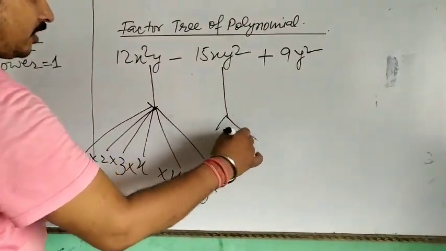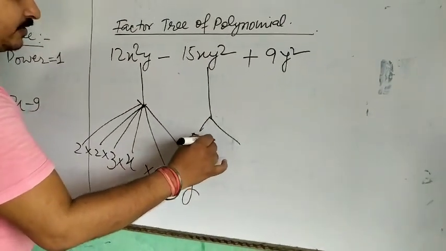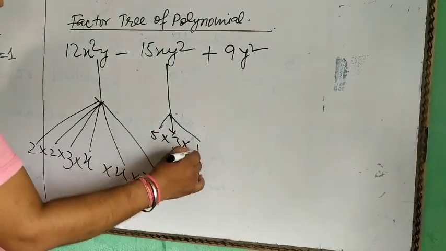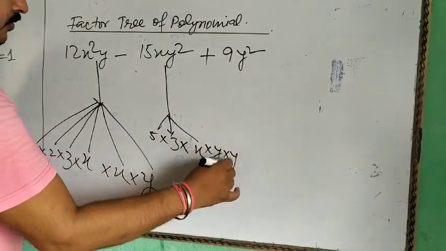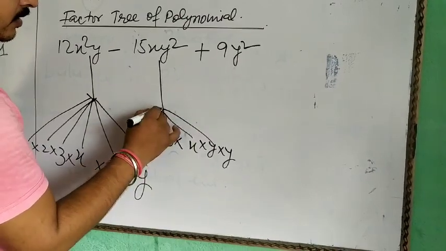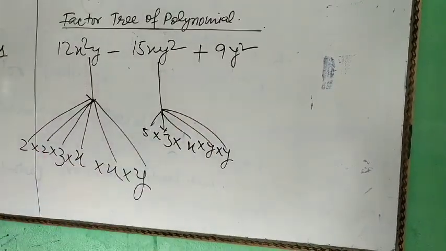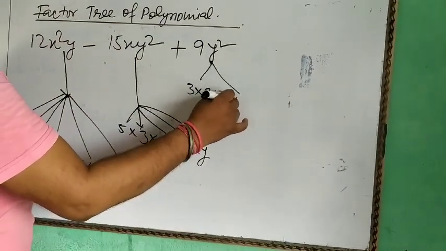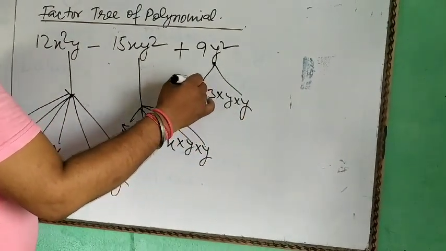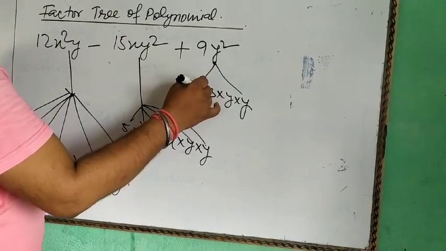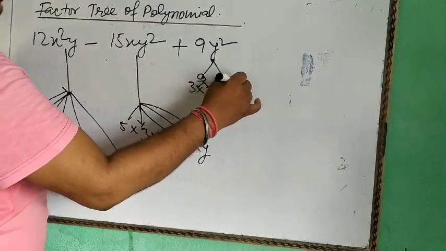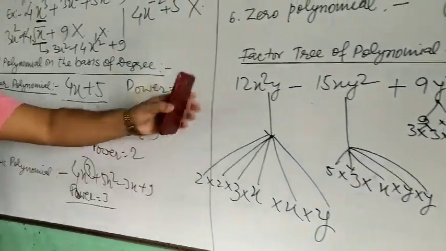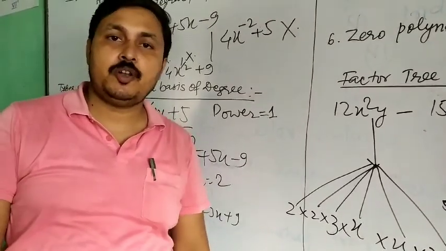So in this form, 5 into 3 into x into y should be written like that. Here it is 3 into 3 into y, so 9 should be written here and y square should be written here. In this way we can form the factor tree of the polynomial.